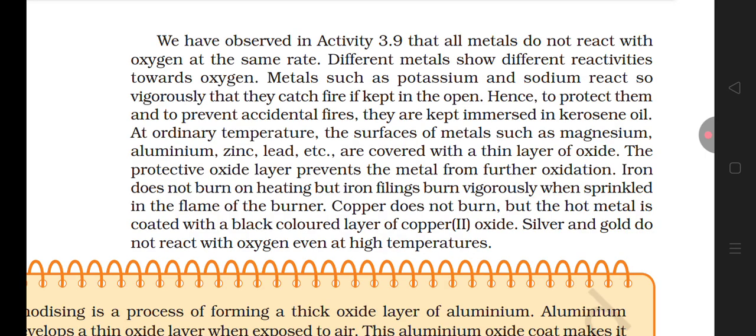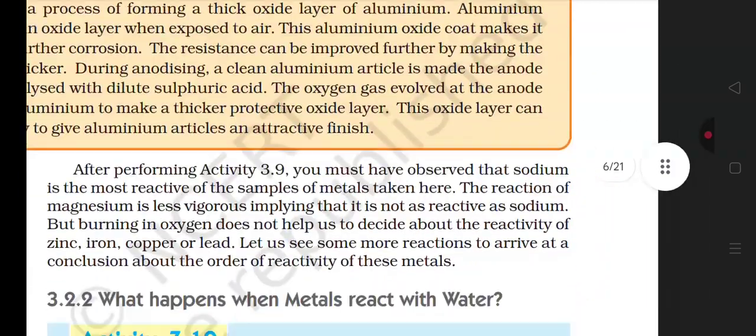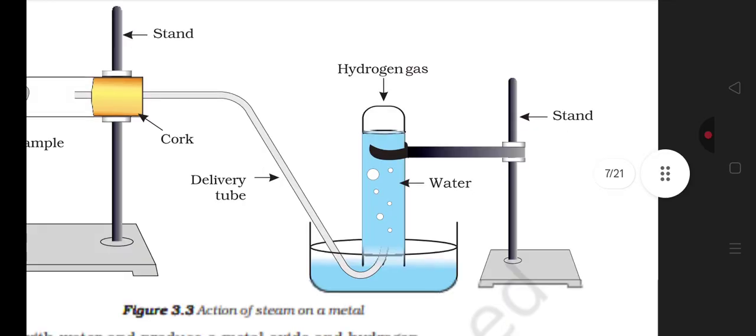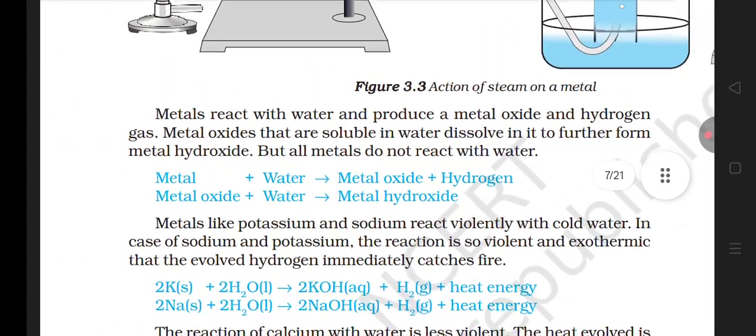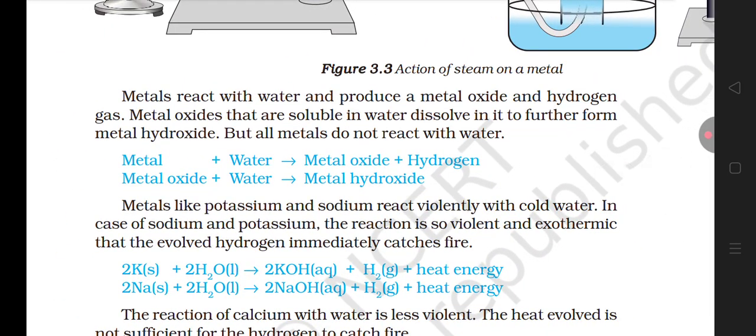Metals react with water to produce metal oxide and hydrogen. Metal oxides that are soluble in water dissolve in it to further form metal hydroxide.